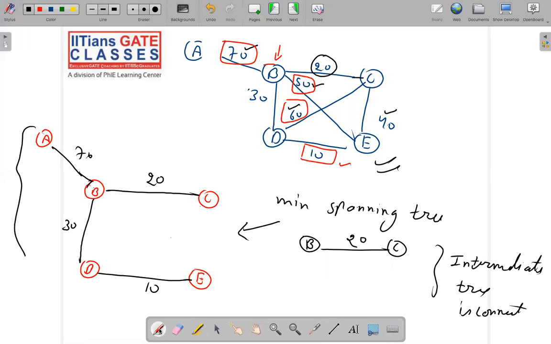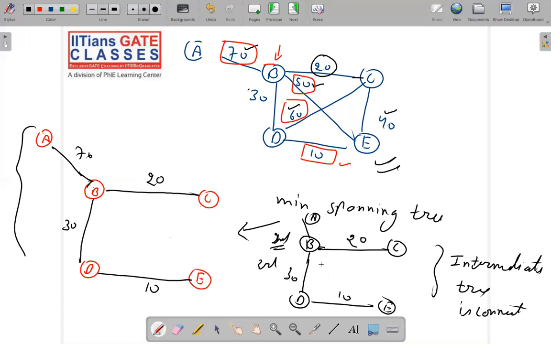Sometimes in examinations it has been asked: in which of the following algorithms, Prim's or Kruskal's, is the tree connected at any point of the algorithm? It's Prim's algorithm, not Kruskal's. So you grow the tree like this. In the second pass your tree looks like this. In the third pass, because you started with B, 30 D, then 10 and E, then you add it here.